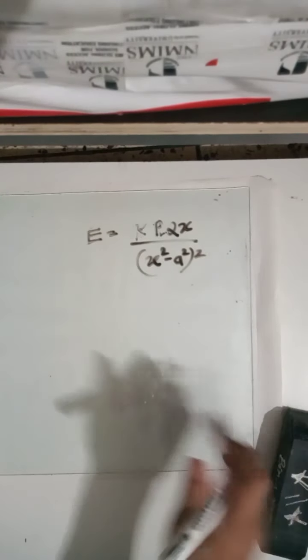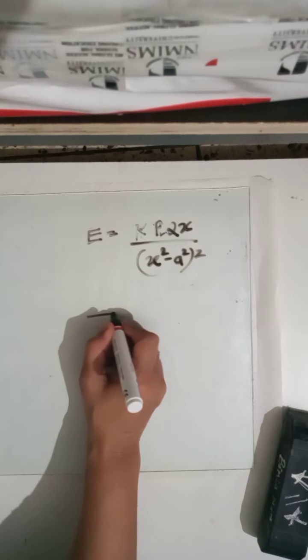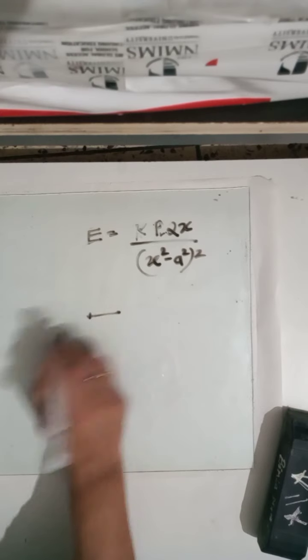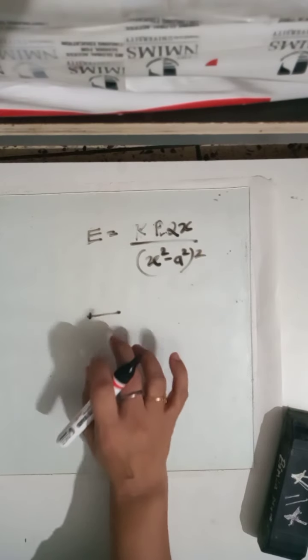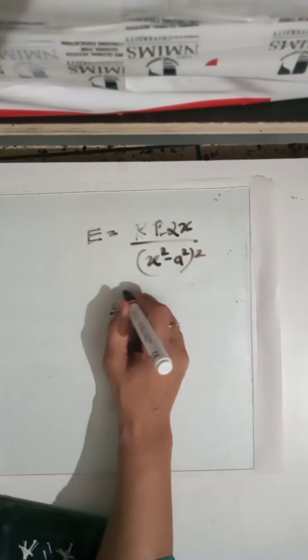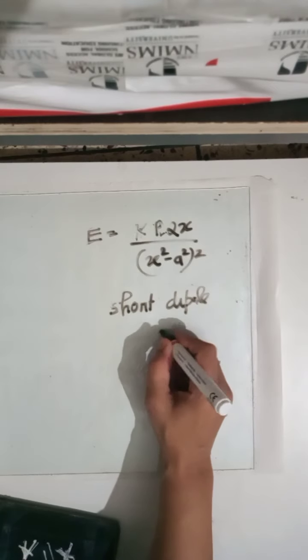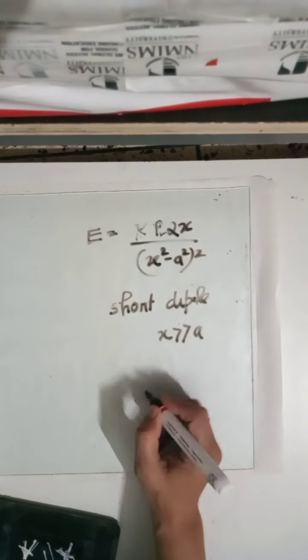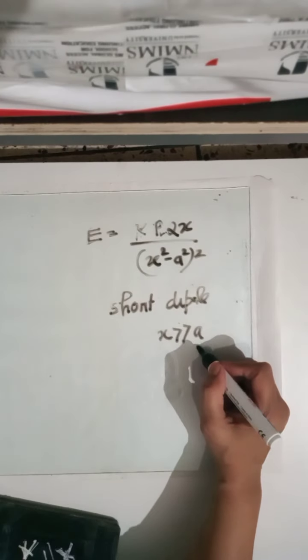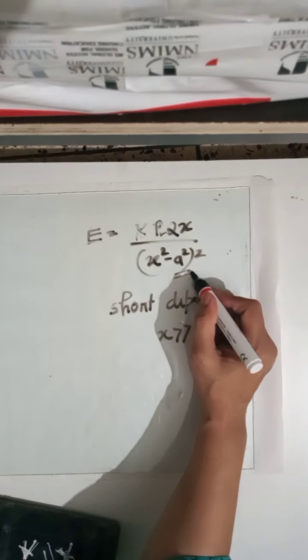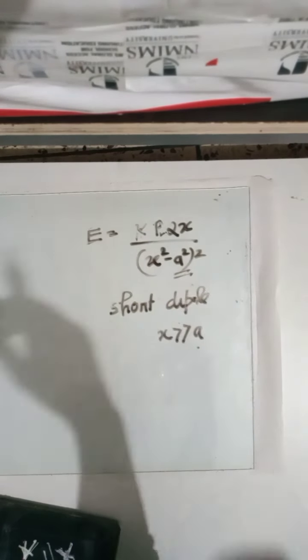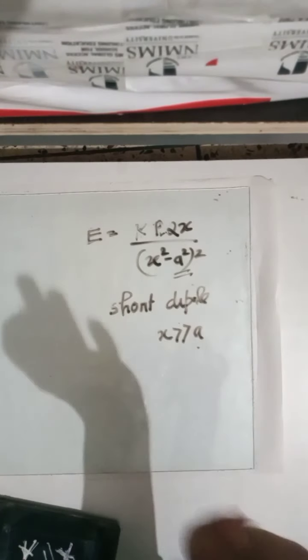Now, what do you mean by a short dipole? Short dipole means its dipole length is very, very small. In the case of a short dipole, x is greater than a. A is very small, and if we square it, its value becomes even smaller. You can neglect it.